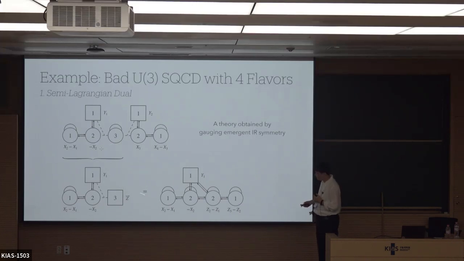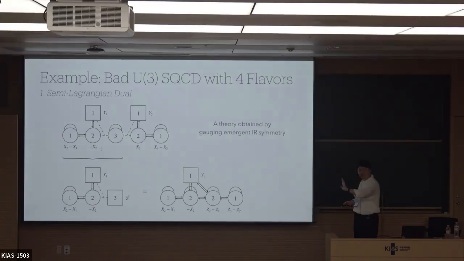But the symmetry I gauge here is actually the emergent symmetry of this Lagrangian theory. So the ingredients are all Lagrangian, but I just gauged the emergent symmetry of the Lagrangian theory. So I would call this a semi-Lagrangian dual theory. That's the first lesson we learned. So the mirror symmetry of a bad theory is semi-Lagrangian in this sense.